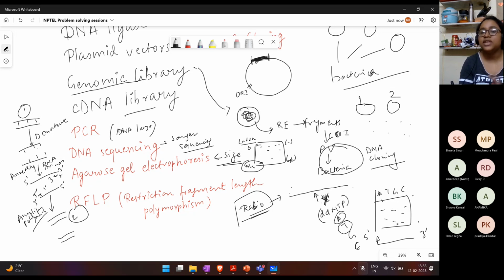So there was one example. I think there was one question in the week 2 assignment based on this, where you had to interpret what the DNA sequence is. This was based on this concept only, that you had to read the agarose gel and find the sequence of your DNA. Am I correct?